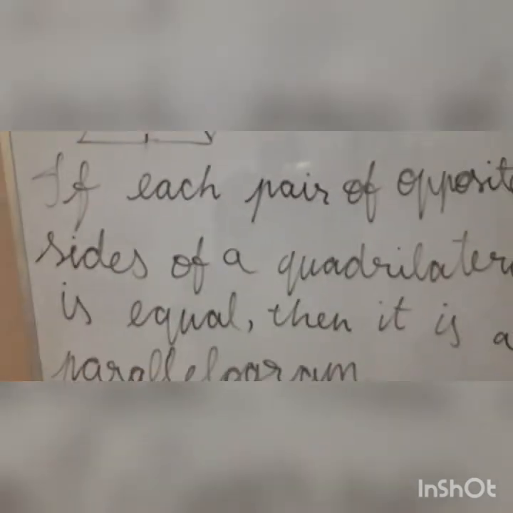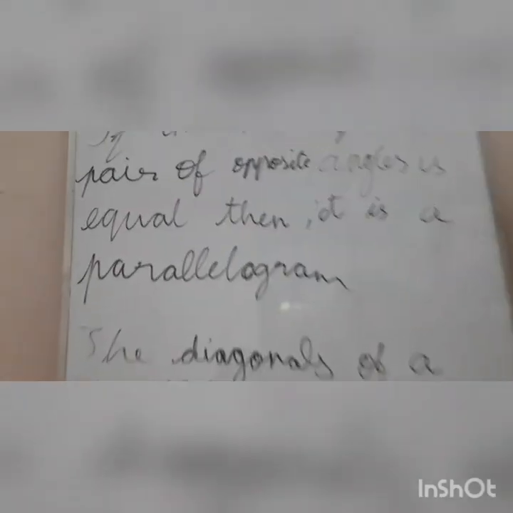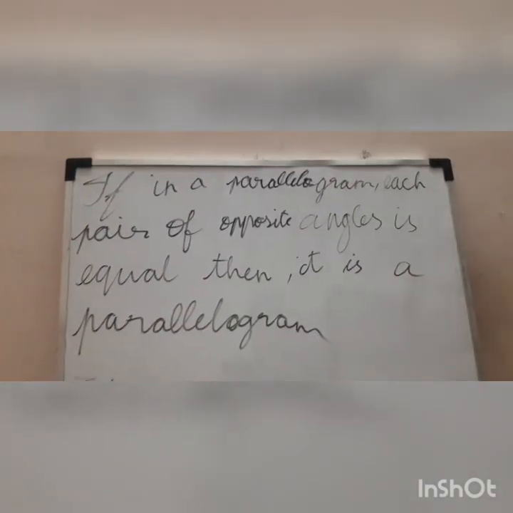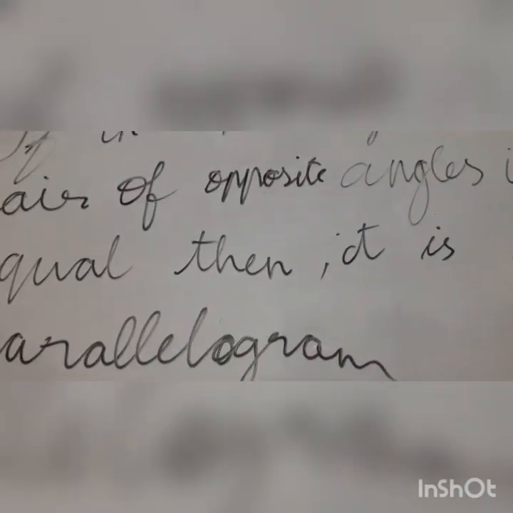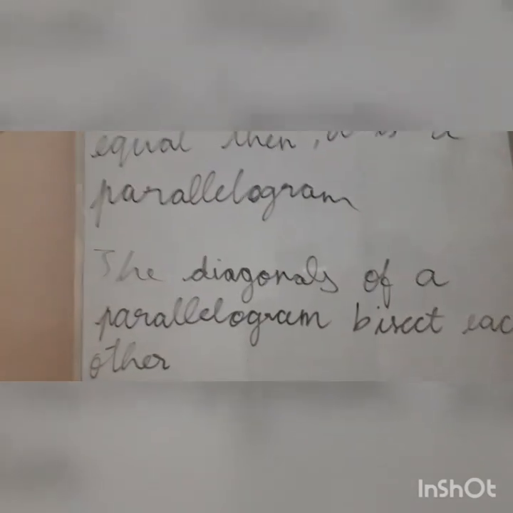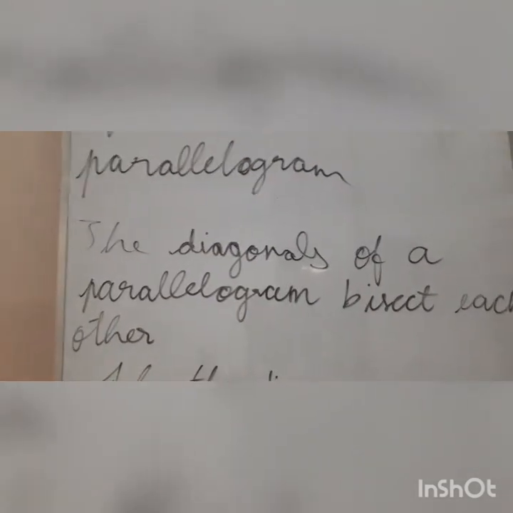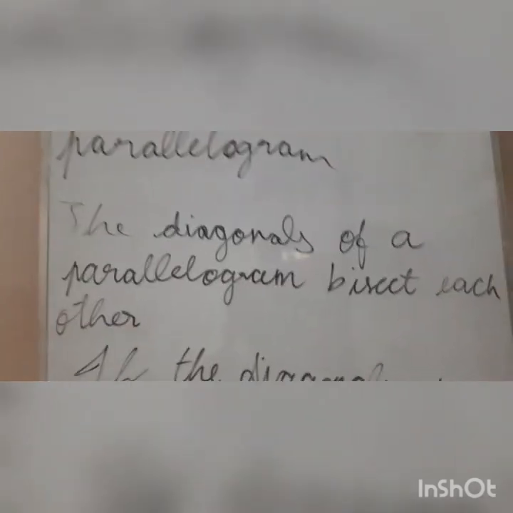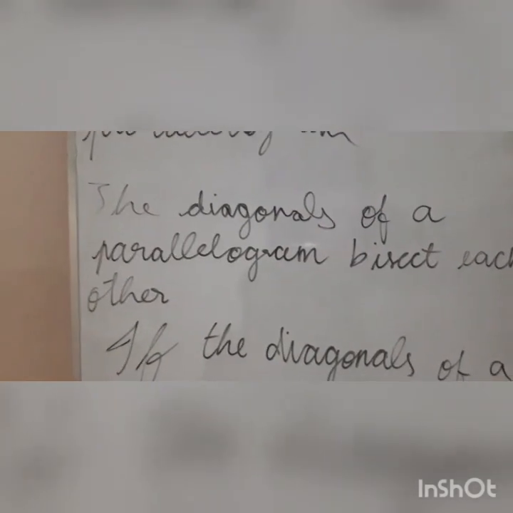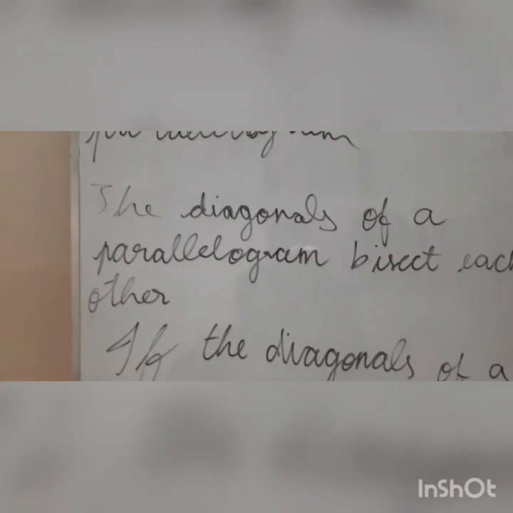The next theorem, here the same one is repeated. If in a quadrilateral each pair of opposite angles is equal, then it is a parallelogram. The same thing had been mentioned another time. So next one, the diagonals of a parallelogram bisect each other. In a parallelogram the diagonals will intersect each other.